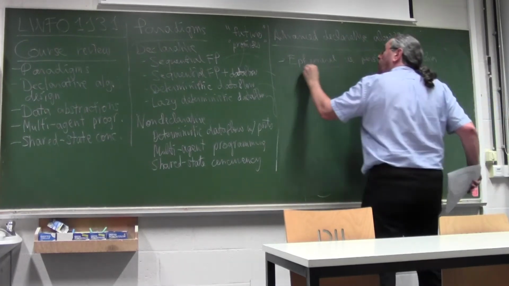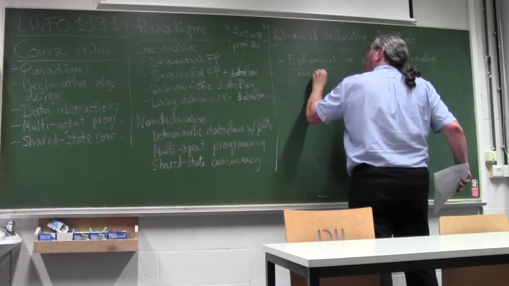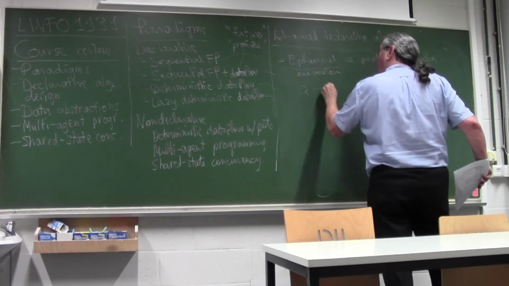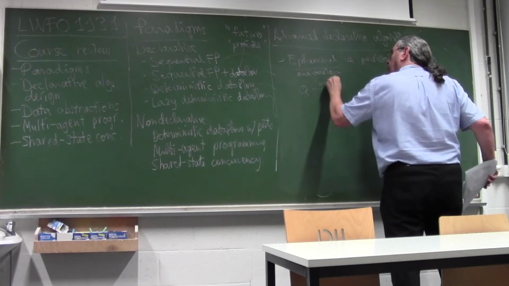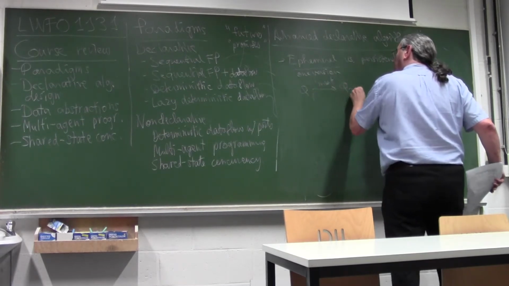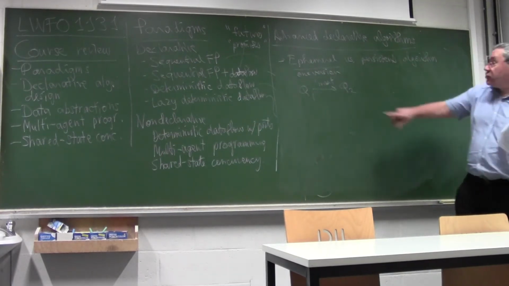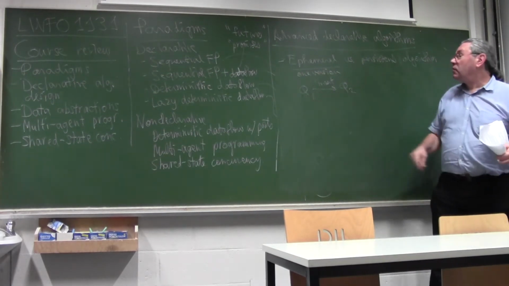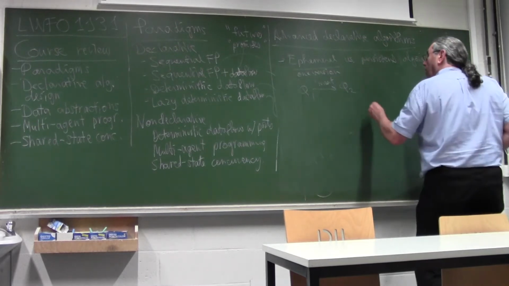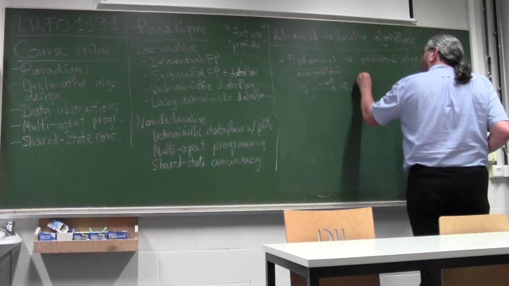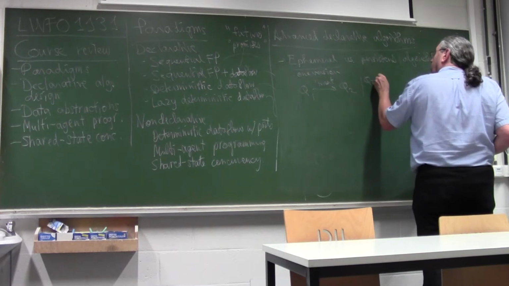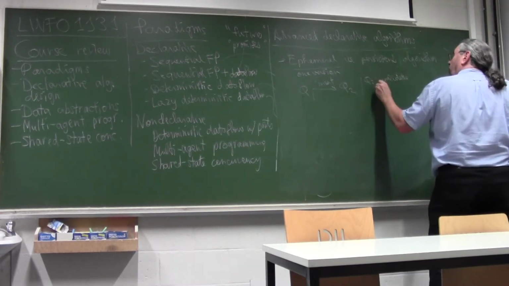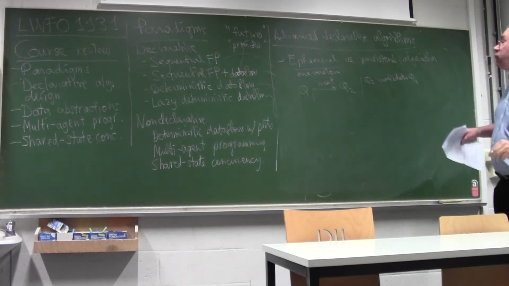Ephemeral means you can only have one version at any time. That means if I have a queue and I do an insert operation from Q1 getting me Q2, as soon as the insert returns Q2, then Q1 is not valid anymore. I cannot use it anymore, okay? There's only one version. So Q2 invalidates Q1.